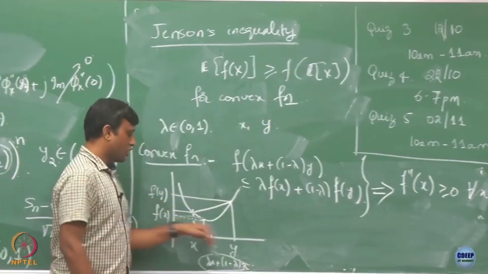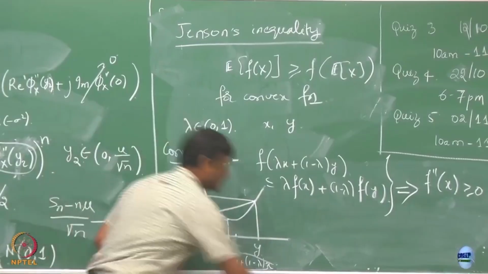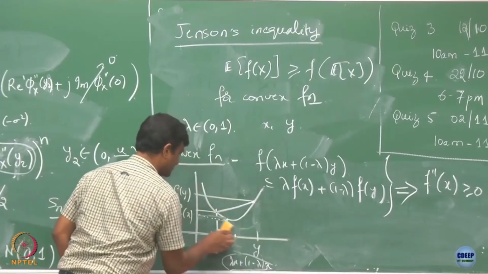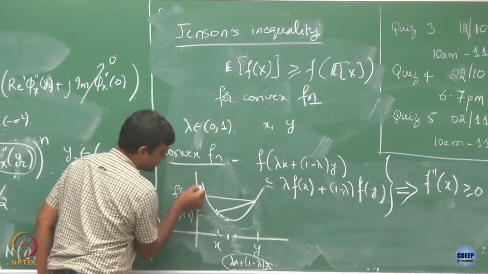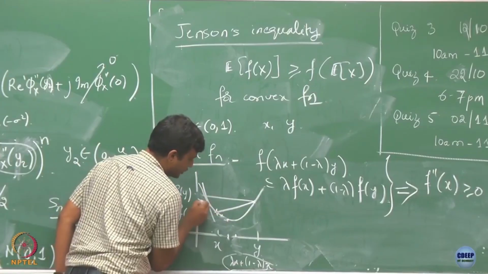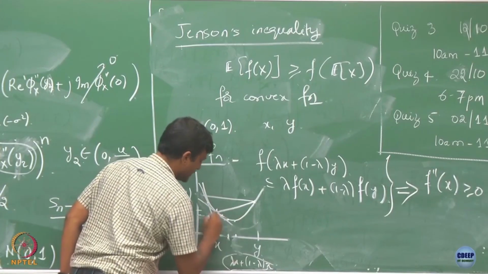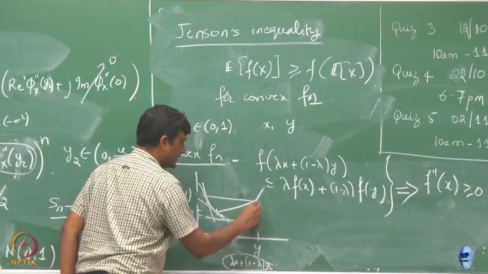Okay, I have a convex function like this. If you start looking at the slope of this function, the slope is somewhere here at this point, and at this point slope is going to be 0, at this point the slope is going to be like this.